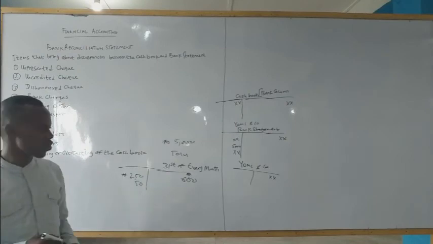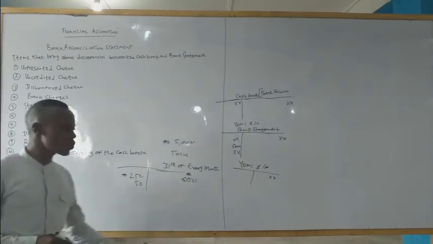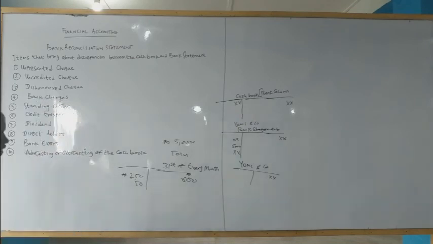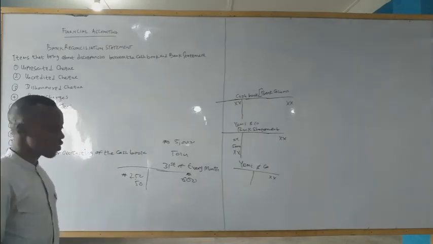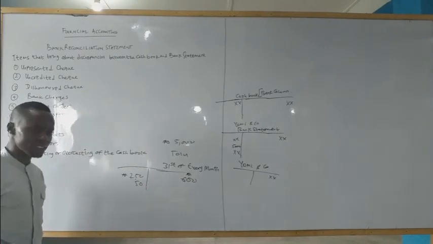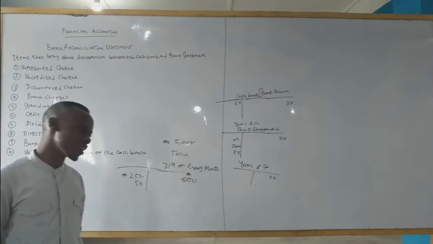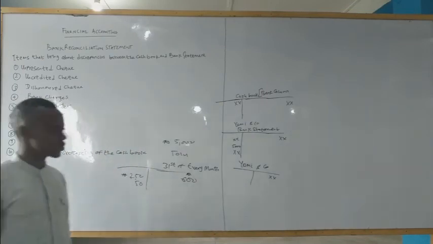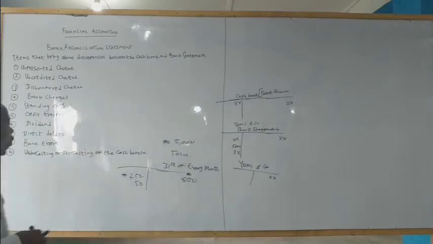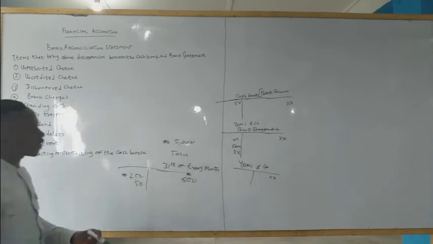That difference is overcast, because the amount we were meant to record was 500, but in error, 600 naira was recorded. What do we have to do? We have to reduce the amount that we have credited. How do we reduce it? We debit the cash book. So that's all we do under the bank reconciliation statement.